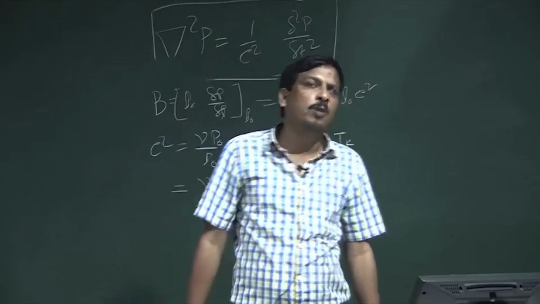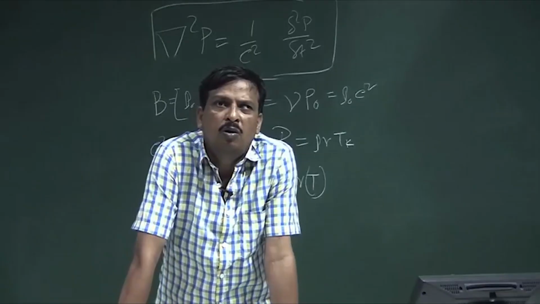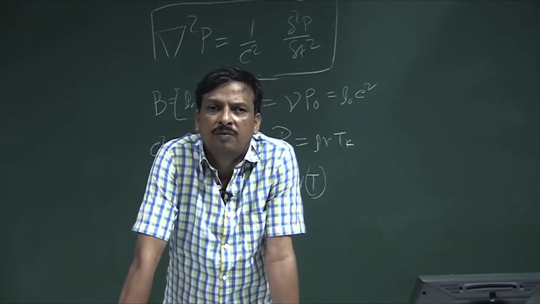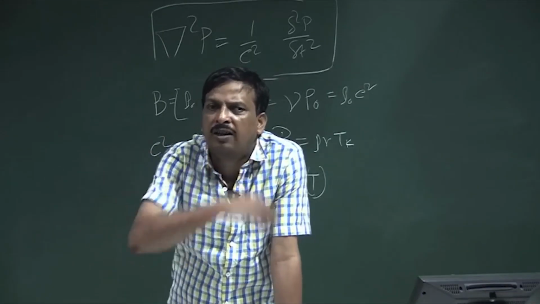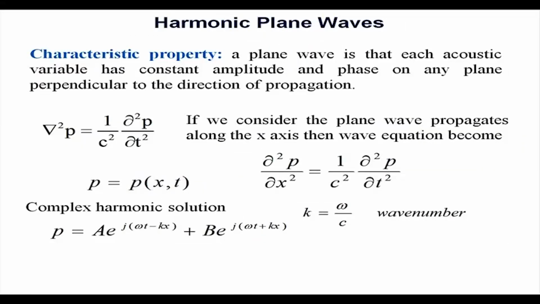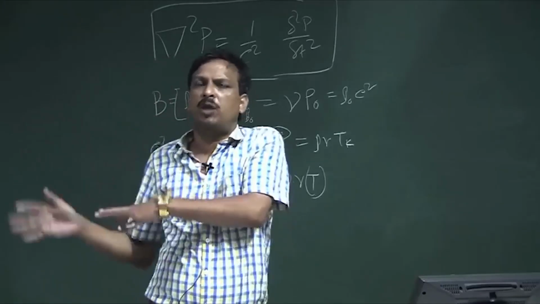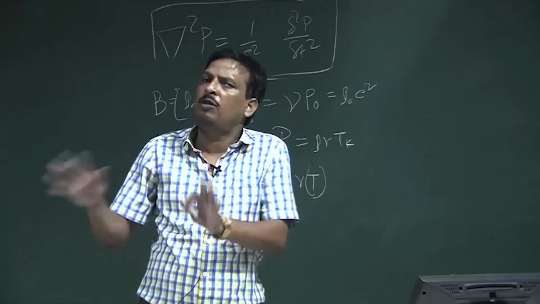Now, we go further. We have derived the linear wave equation, we know the velocity potential, and we know the speed of the sound changes with temperature. Then, we have to know how that plane wave is propagated in the medium. That is called the harmonic plane wave. We know the equation, but how it is propagated, that we have to describe.